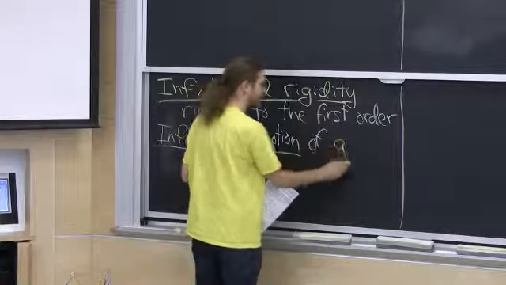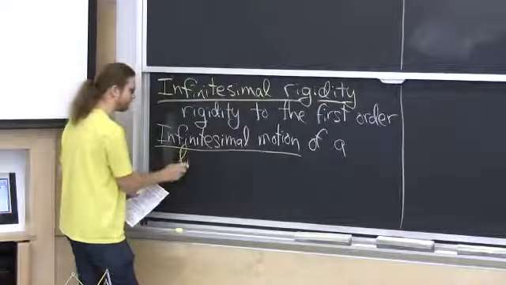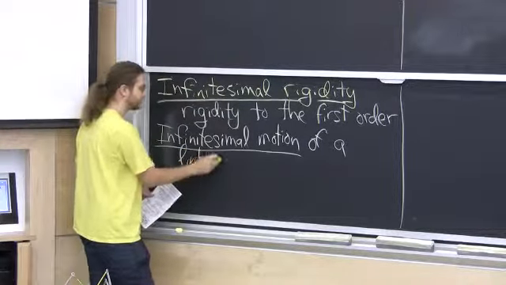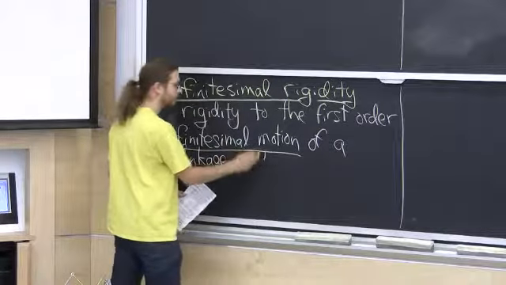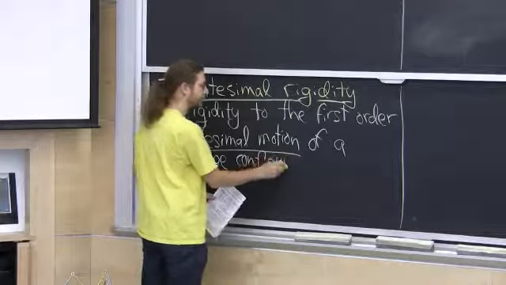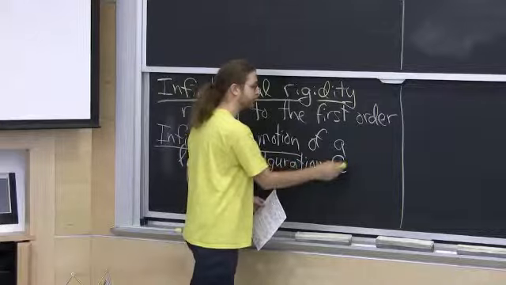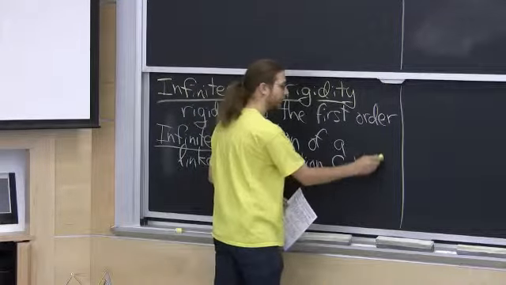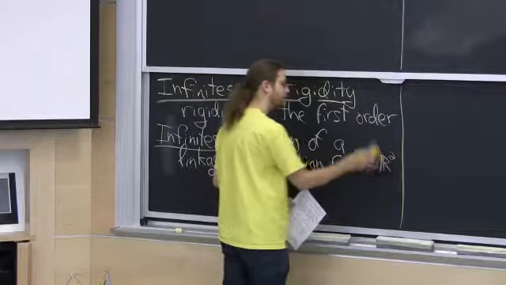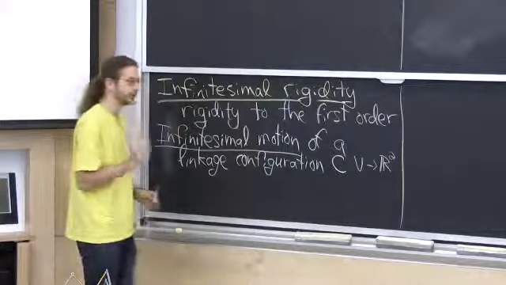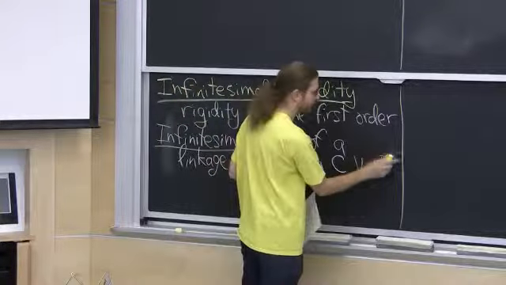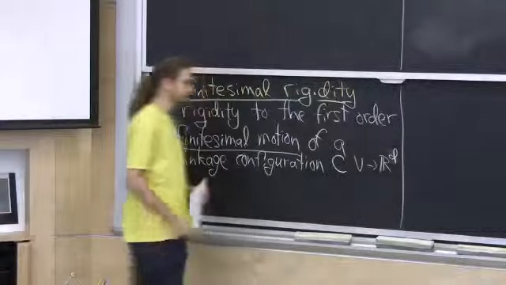Again, suppose we start somewhere, and somewhere would be a linkage configuration. That was a linkage, which is a graph with edge lengths, plus the configuration maps every vertex to a point. I'm going to assume we're working in the plane for now, but really this works in d dimensions.